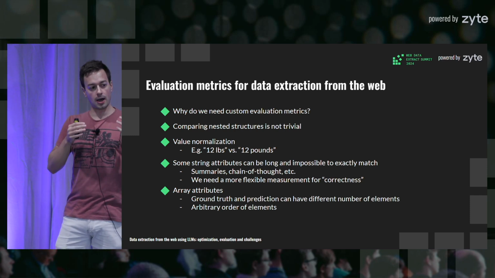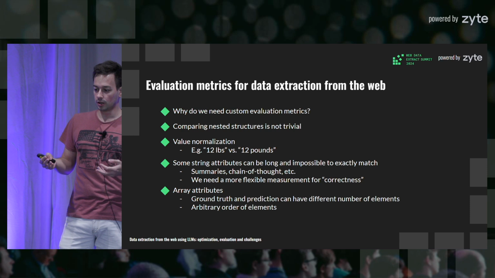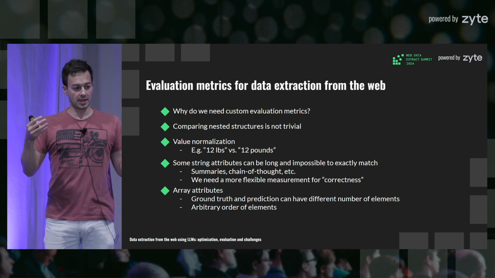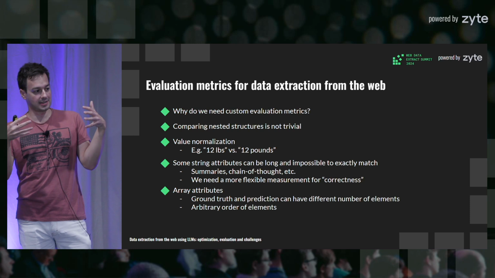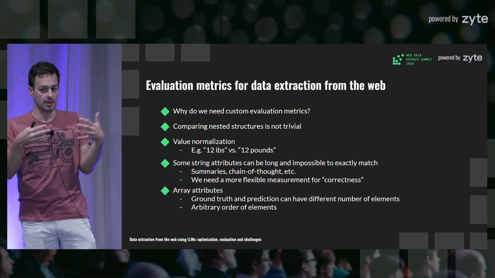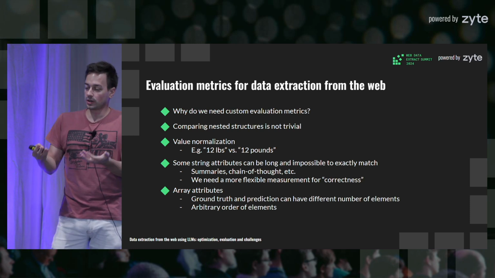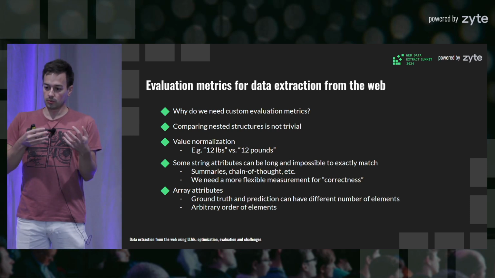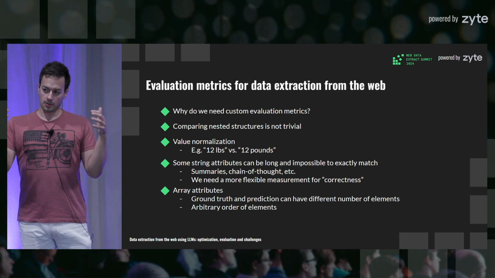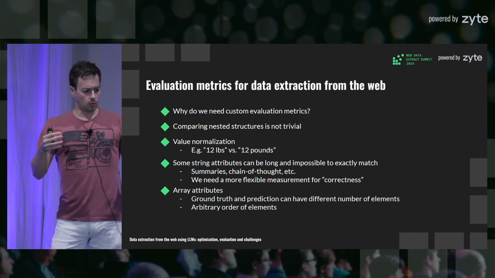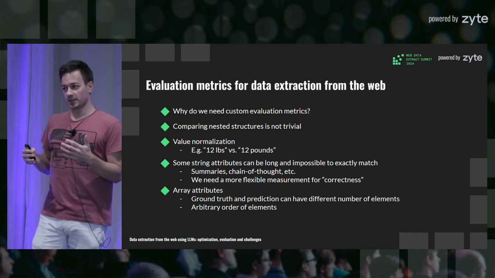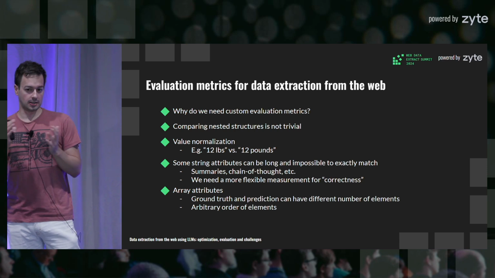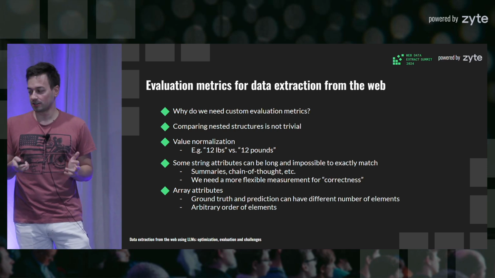For example, if you have a summary from an article, you can say the same thing with different words, right? So if you try to match the strings completely and exactly, you will basically never have an exact match, but you can have 2 summaries that say the same with different words. So we needed some way to say this is not completely correct, but at the same time it's not completely wrong. We needed something that is not hit or miss.